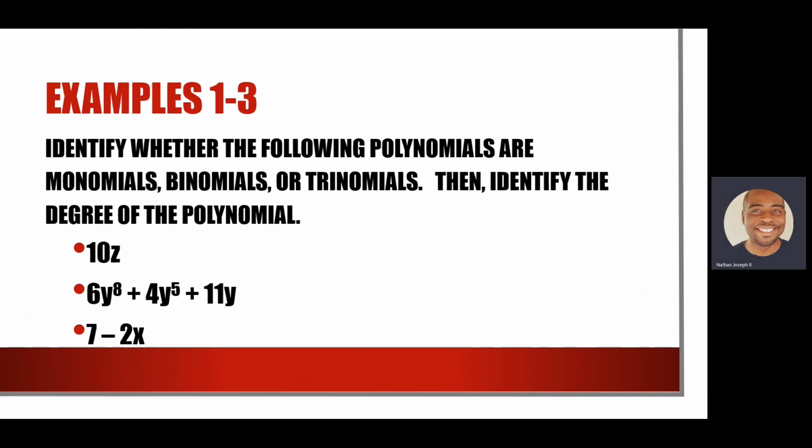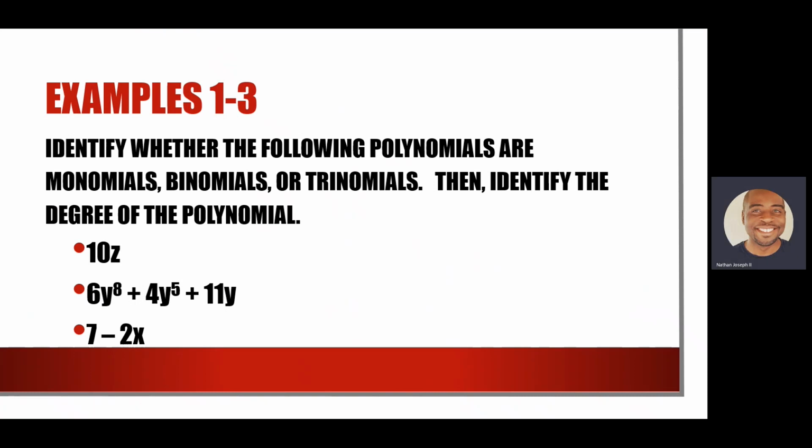For example 2, take a look at that example and determine whether or not that's a monomial, binomial, or trinomial. Because there are 3 terms in that expression, first term, second term, third term, this is a trinomial.